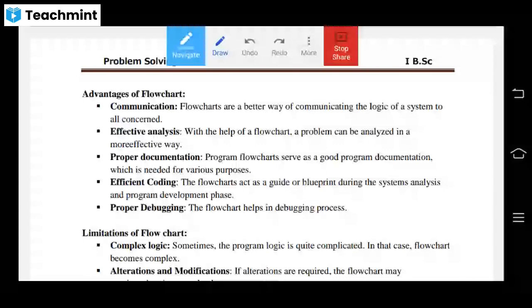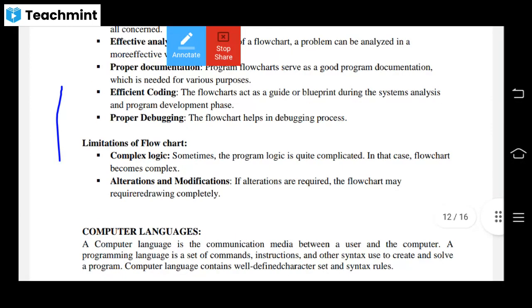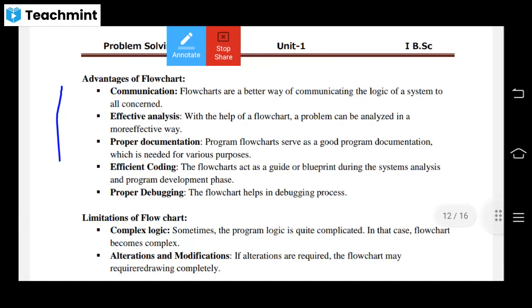For communication, flow charts are a better way of communicating the logic of a system to all concerned. Next, effective analysis: with the help of a flowchart, the problem can be analyzed in a more effective way.